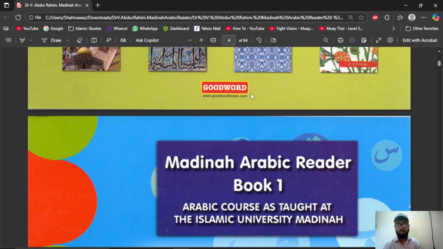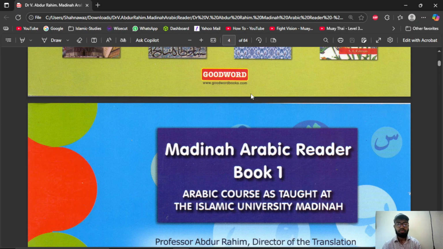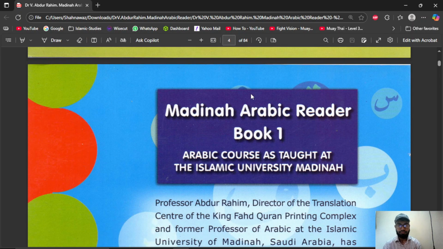The color version of this book currently comes in, I think, 7 or 8 parts. Previously, the older version of the Madinah Arabic book came in 3 parts, like book 1, book 2, book 3. There were a lot of lessons included, around 25 lessons in each part in the previous version.